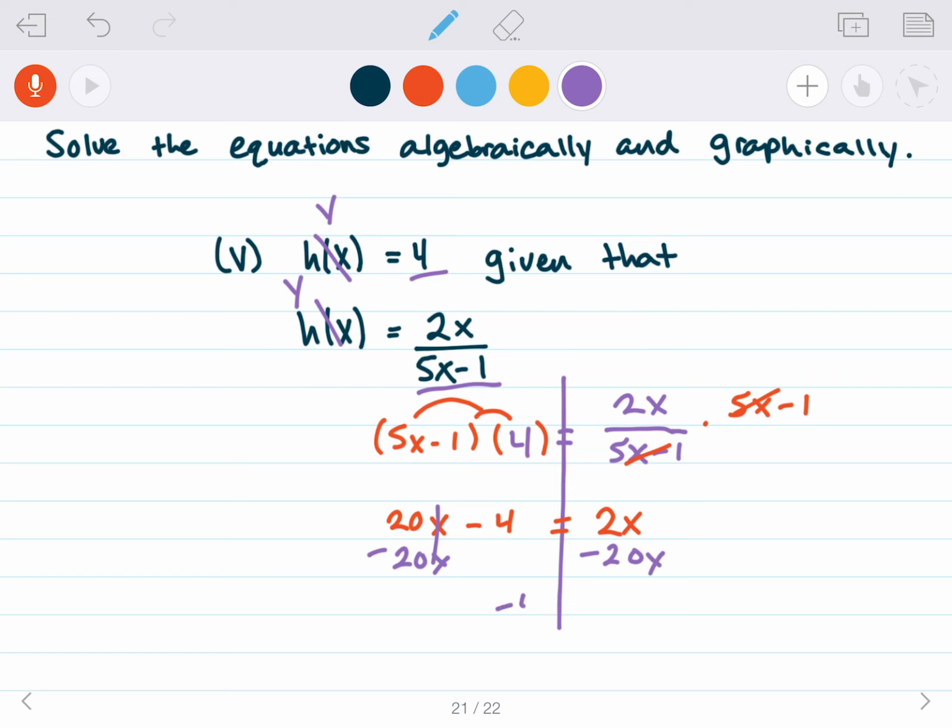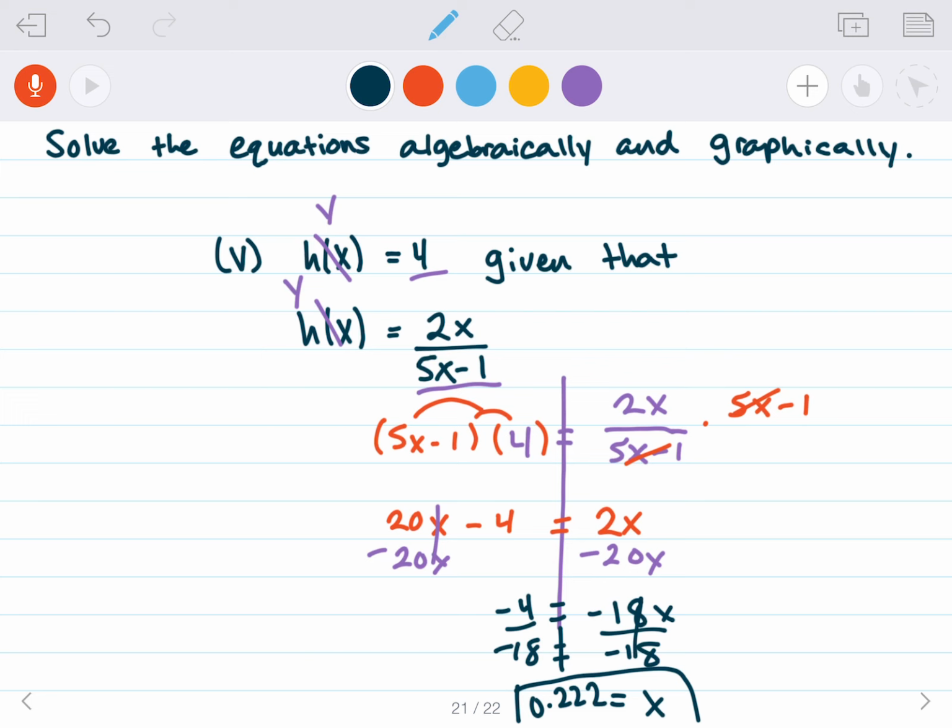So on the left side, I get negative 4, and on the right side, I get negative 18x. And finally, I can divide both sides by negative 18. And when I put this in the calculator, negative 4 divided by negative 18, I'm going to get 0.222.